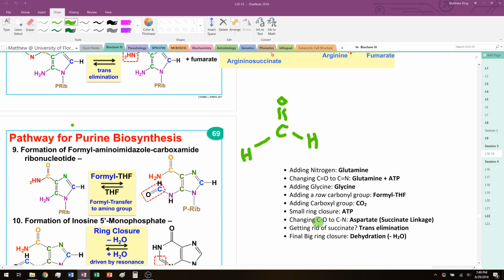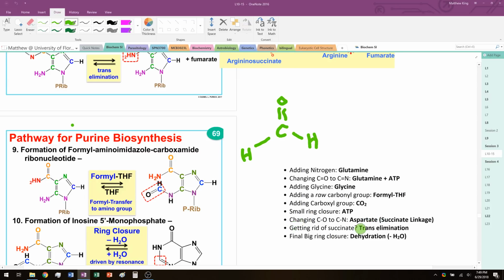I worded this differently, but we're talking about the aspartate through the succinate linkage trick, and we've seen that many times in this video. Instead of doing a before and after picture and looking at it visually, I'm putting it into words right here if you want to study it this way as well. But you're probably going to be given pictures. You can use this as a key to see it in a different way.